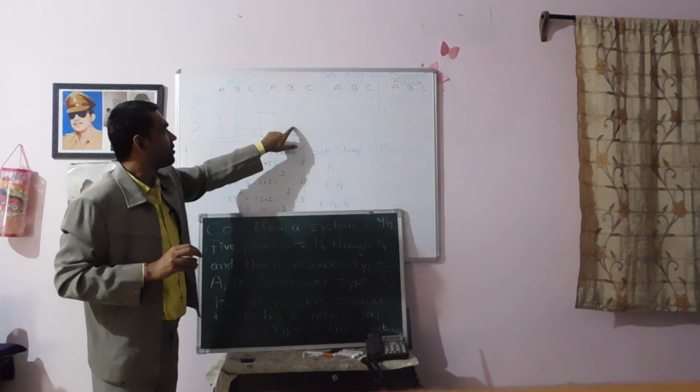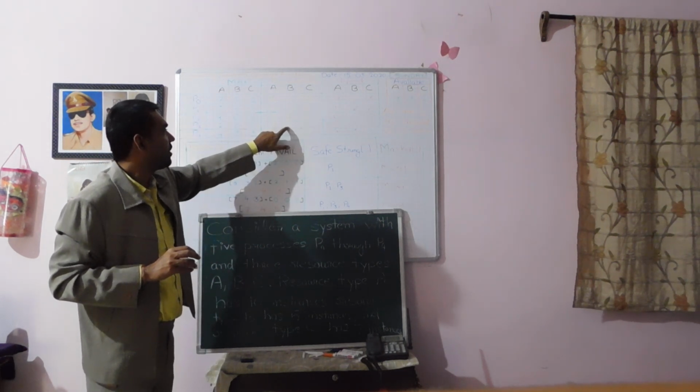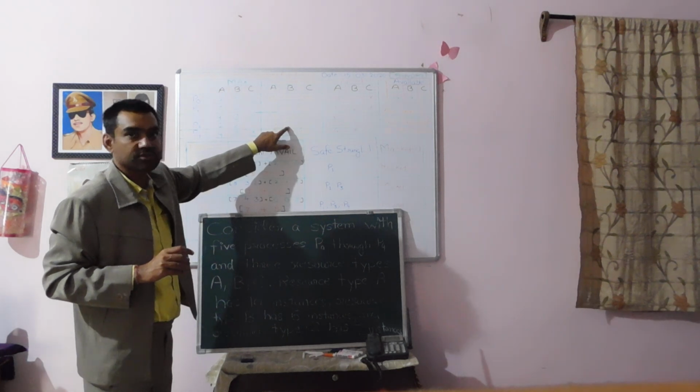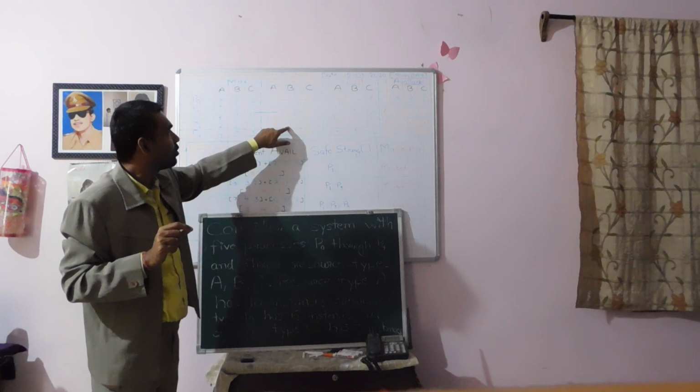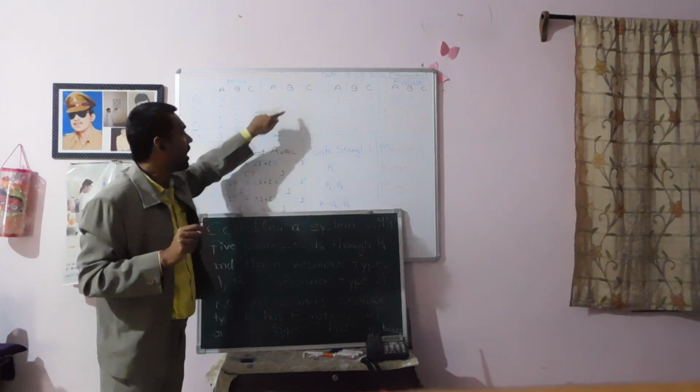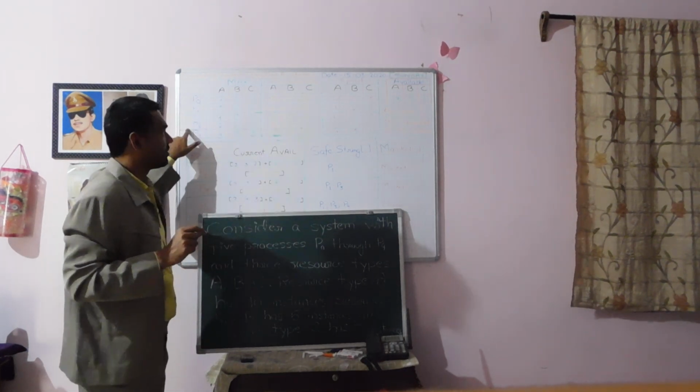Now consider this one. It specifies the number of instances of resource type B allocated to P2.